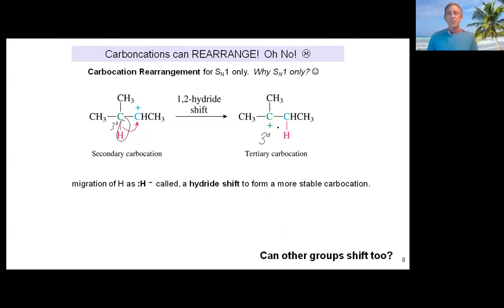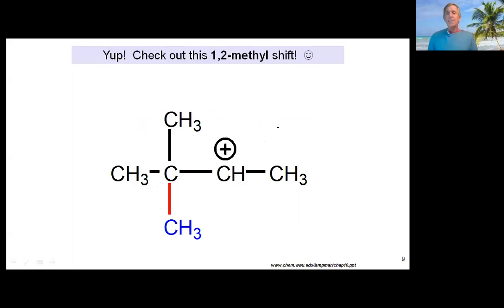Other group shift, you might have seen it here. This is the only other kind of group that can move, a methyl. Anything bigger than a methyl is just too large to pick up both the piece and the bond and jump over. It just can't happen. So only a methyl.